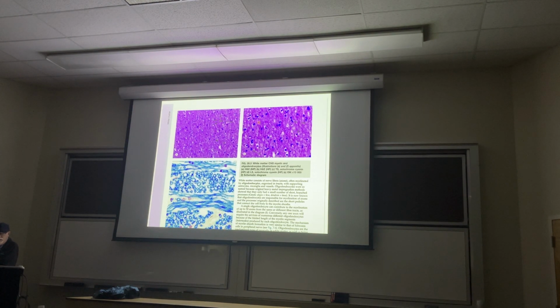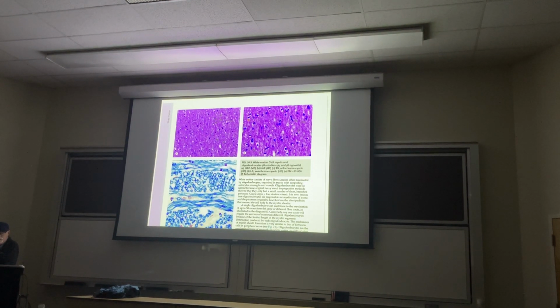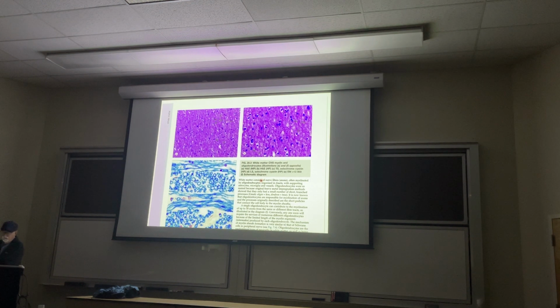They often, not always, have a little bit of white space around them. The astrocytes tend to have a little bit more elongated nucleus and a little bit bigger than the oligodendrocytes.